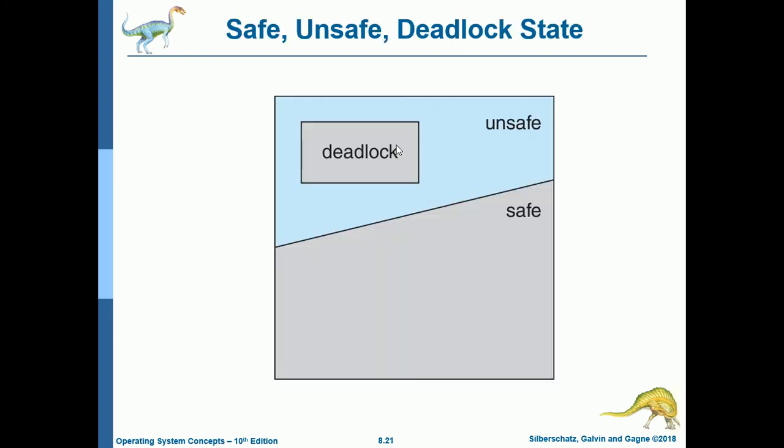In this illustration, if it is in a safe state there is no deadlock. If there is an unsafe state, it has a possibility of a deadlock, and definitely deadlock is an unsafe state, but not the other way around.